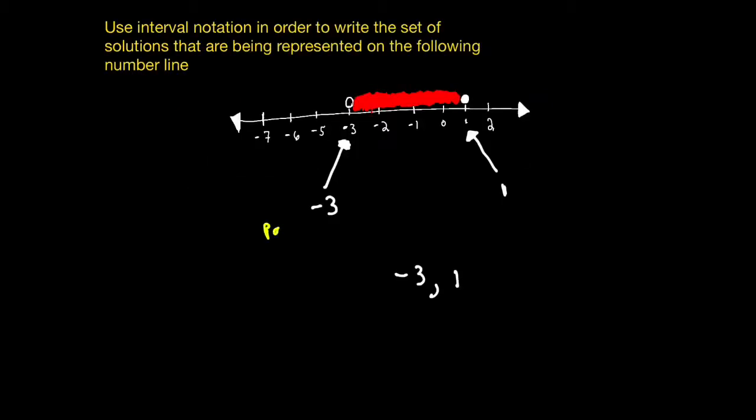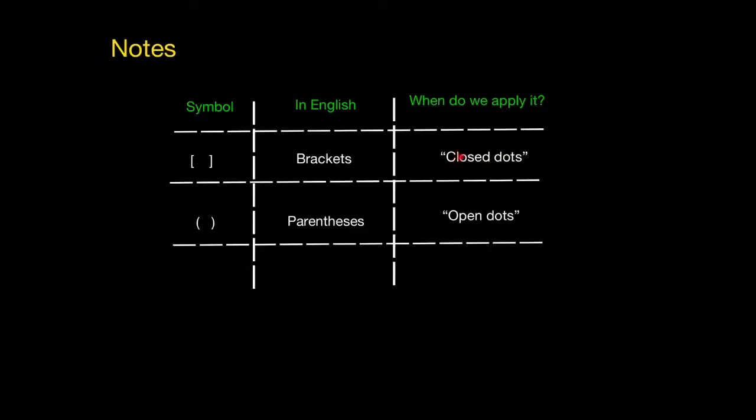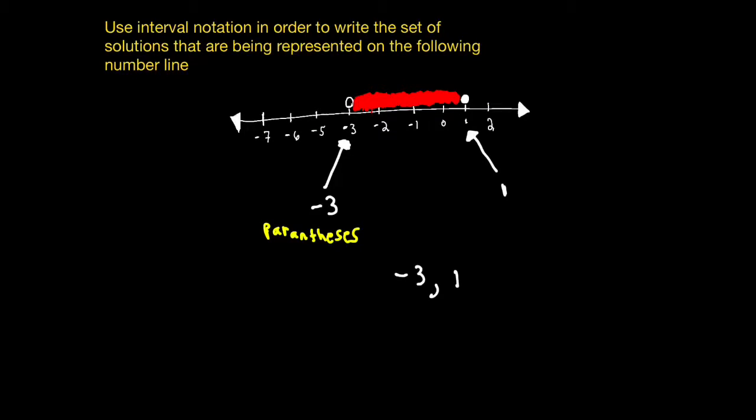We're going to use parentheses. Okay, and now we got to take a look at the other endpoint, which is +1. And we see that here we have a closed dot. So closed dots tell us that we have to use brackets here. So here, I'm going to use a bracket. And that's how I write this interval. So I'm going to put a bracket and a parentheses, and that would be my solution.